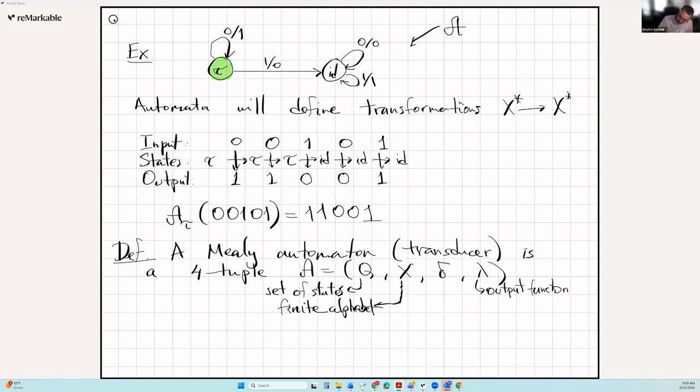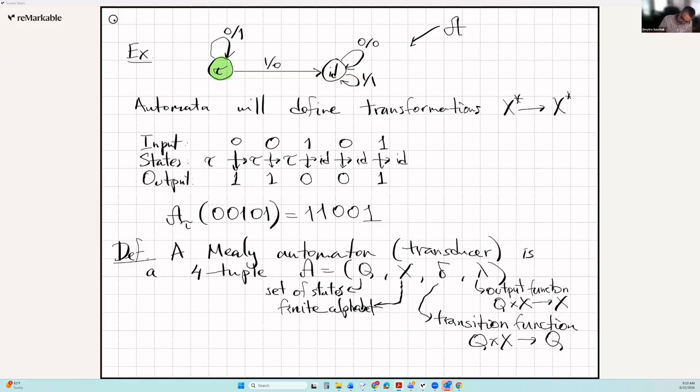It's from Q cross X. You read a state and a letter, and you output a letter in X. And delta is going to be the transition function, and that's going to be from Q cross X to Q. So you are in state Q, and you read the letter X, and then it tells you where to go inside the automaton. Okay, so this is what a Mealy automaton is.